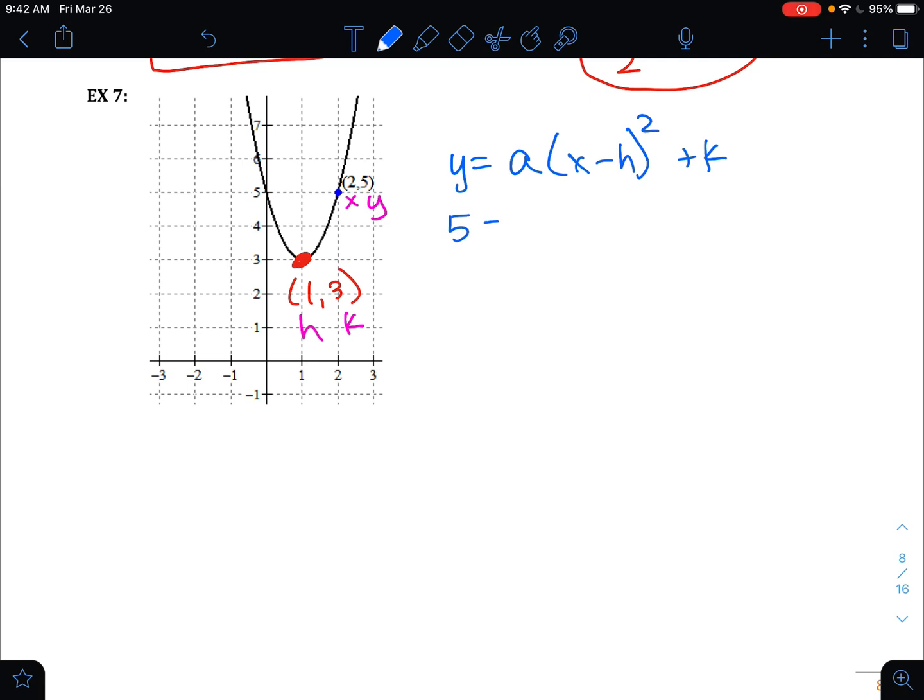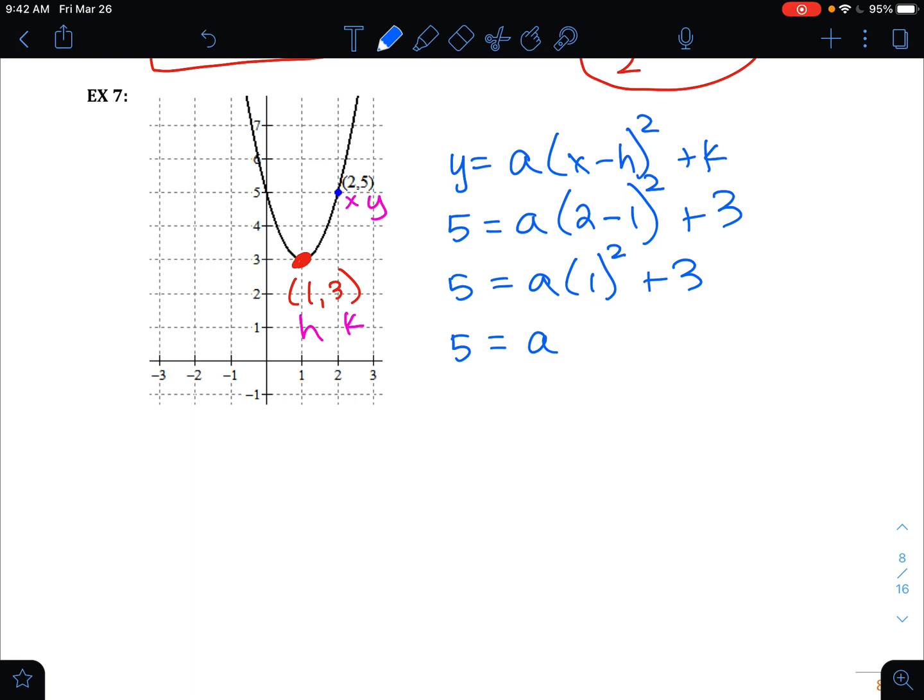Okay, I'm going to plug everything in. So I'm going to have 5 equals a times 2 minus h is 1 squared. K is 3. Okay, 2 minus 1, I'm going to do that next. So 5 equals a times 1 squared plus 3. Well, 1 squared is just 1.